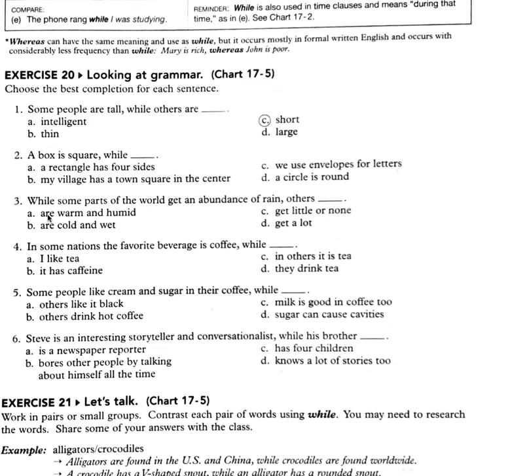Number 3. While some parts of the world get an abundance of rain, others blank. So some parts of the world get a lot of rain, others. Letter C. Get little or none. Number 4.